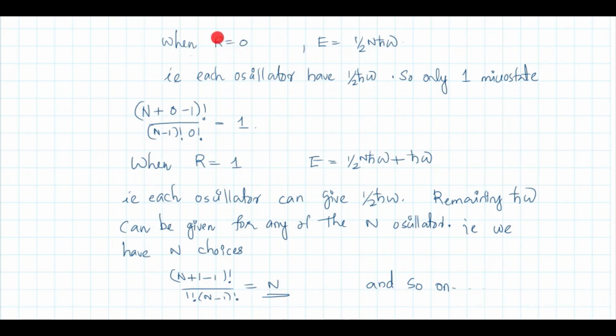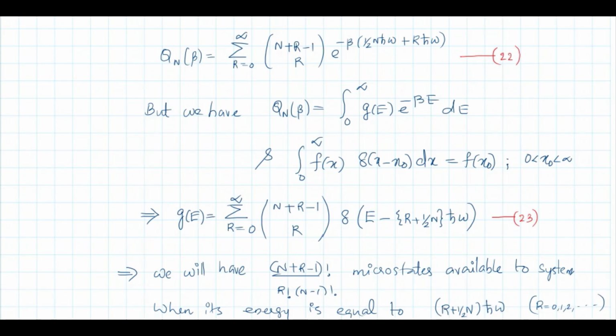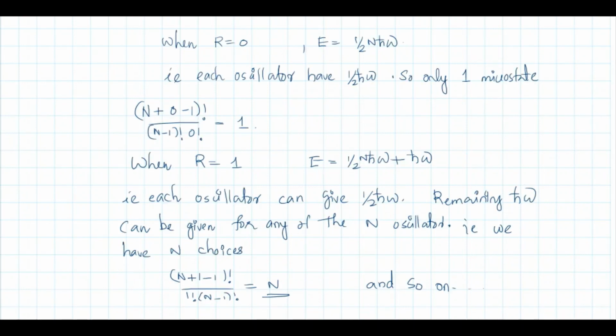Suppose your R is equal to 0. Then your energy will be half n h cut omega. Each oscillator we can give an energy of half h cut omega, the zero point energy. Then n oscillators you can give half h cut omega each, and the total energy will be half n h cut omega.